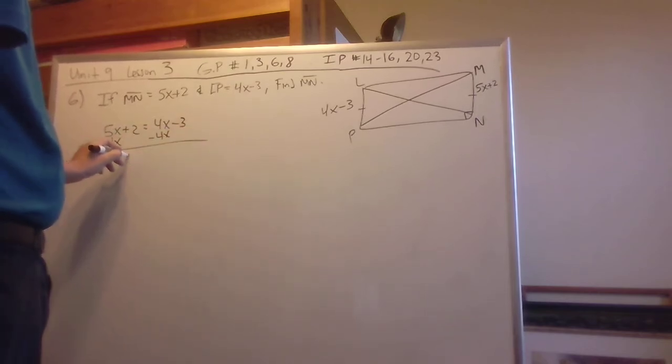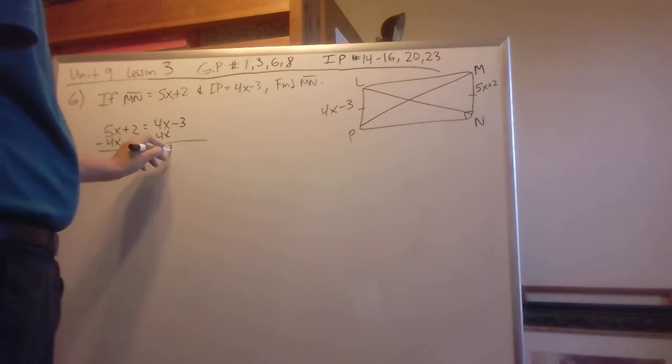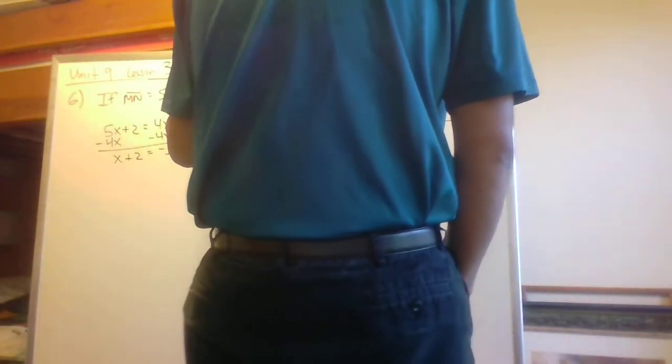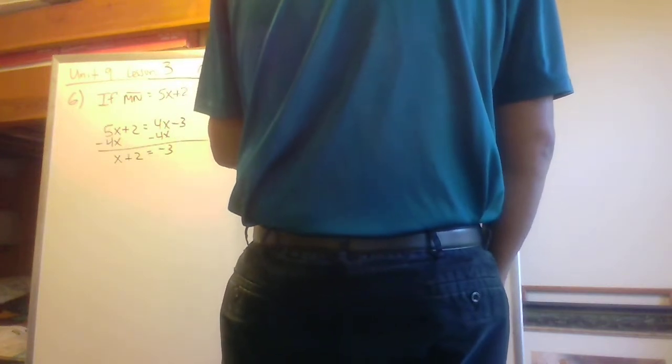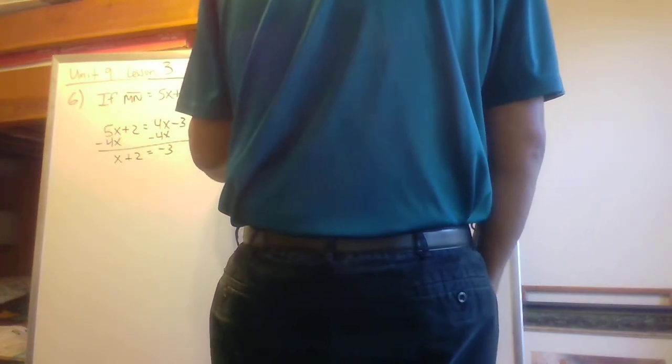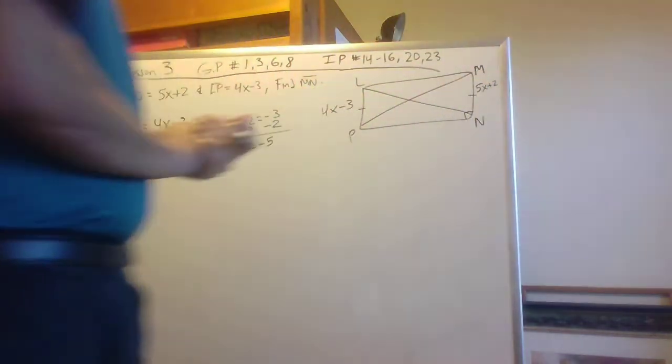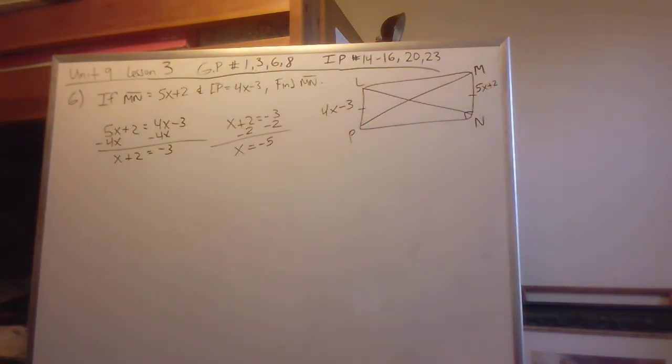That gives us x plus 2 equals negative 3. Then we subtract 2 from each side, and we get x equals negative 5. I know many of you will stop at that point, but that is not the proper solution.